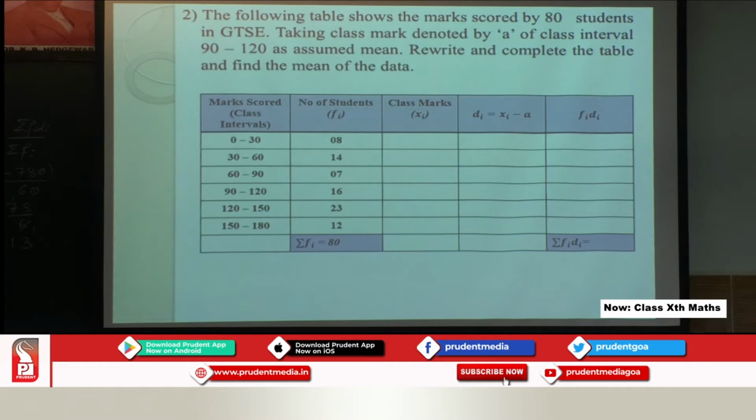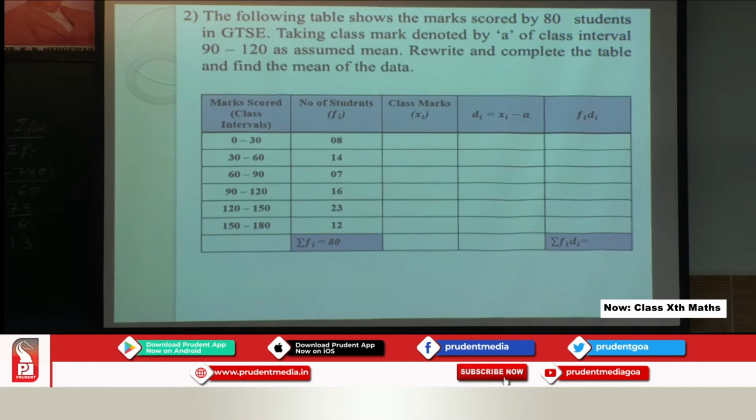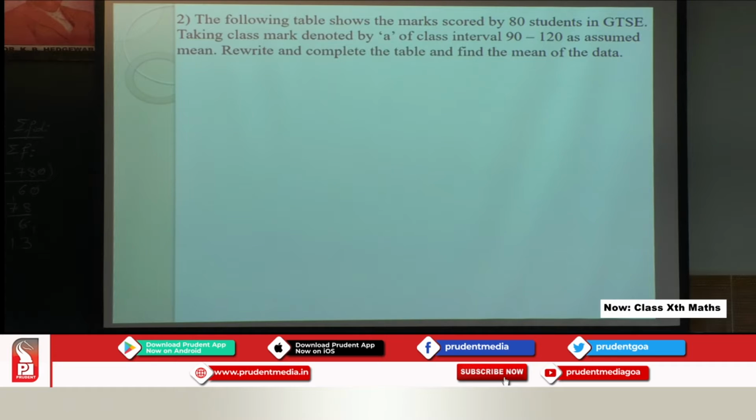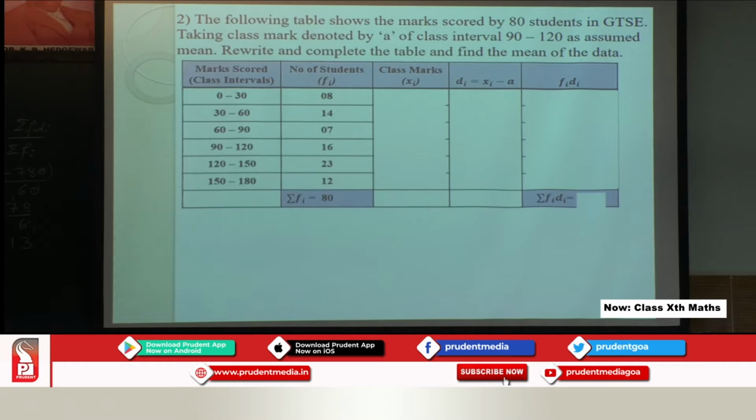So let's fill up the first column. The first column is xi. So how do we get xi again? It is the middle point between 0 to 30. The middle number is 15, or add both the limits and divide by 2, which gives you 15. And second, 30 to 60.